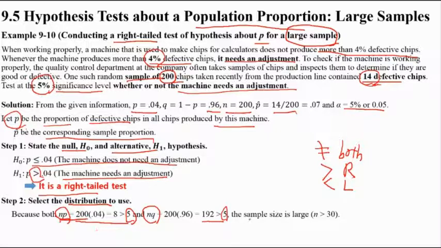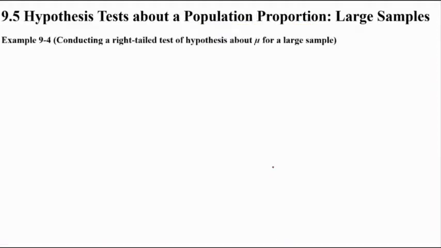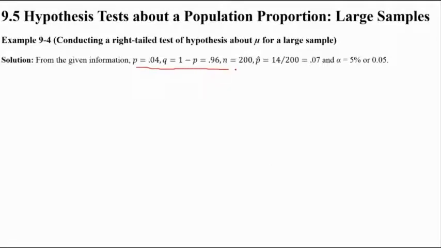Both are satisfied, and the sample size is also larger than 30. So we use the normal distribution for the hypothesis test of the proportion, using the Z value.